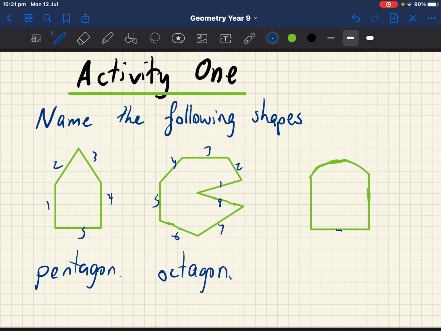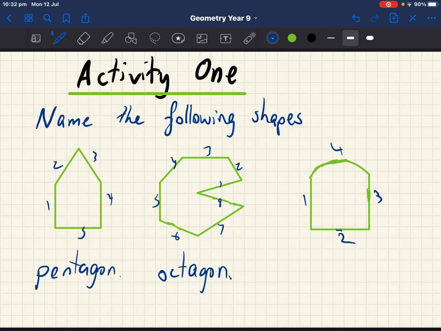All right, and the third one, well, what answer would you put here? I guess technically this is a trick question because it's not even a polygon. So it's got the 4 sides. So if you wrote down quadrilateral, congrats, because you're definitely thinking along the right path. A 4-sided polygon is called a quadrilateral. But unfortunately, this one here wouldn't be any of those names at all because the thing is not even a polygon.